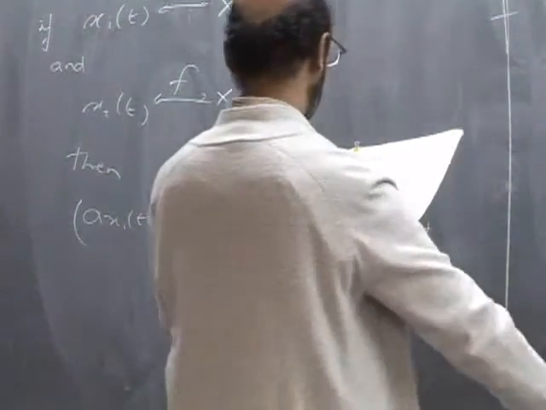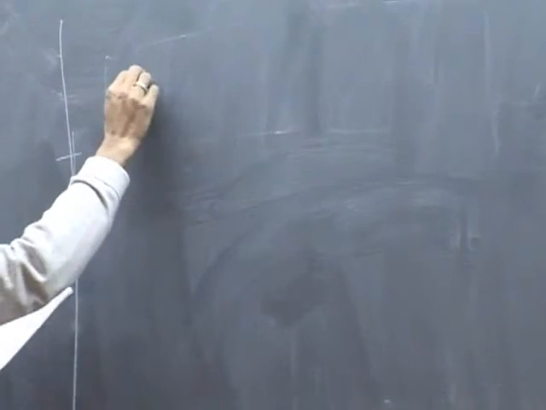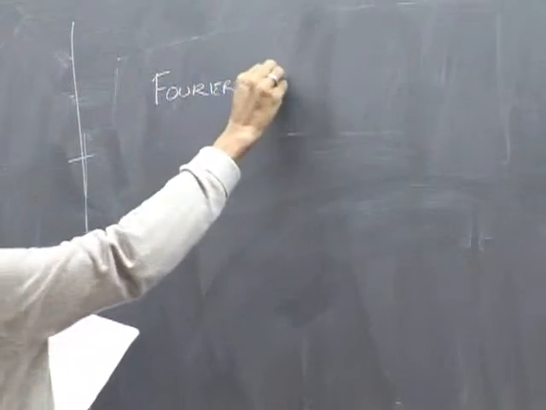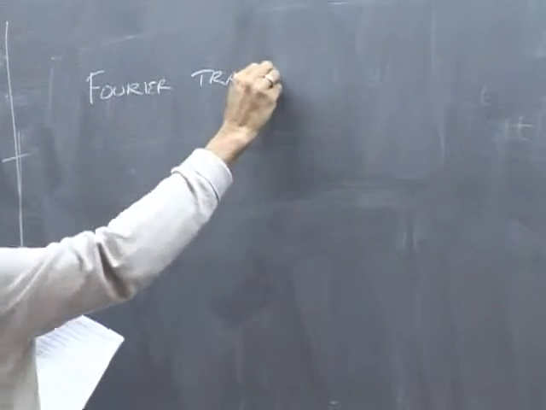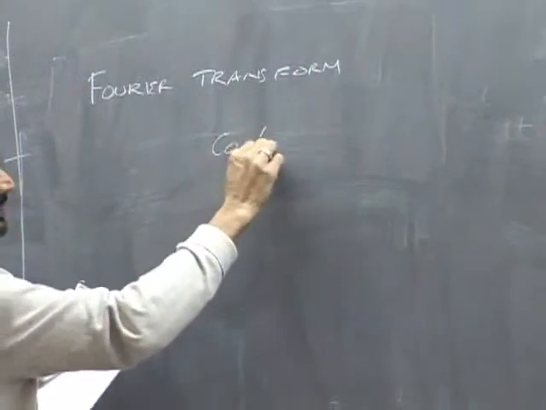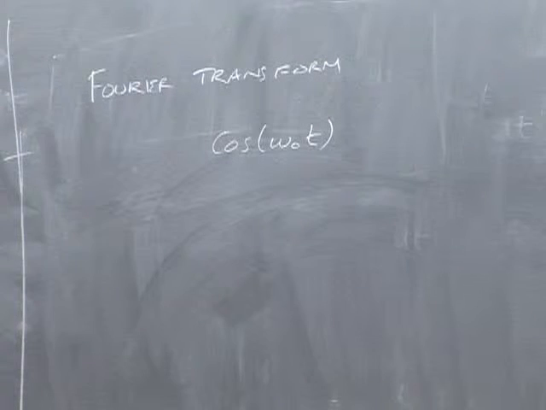And we can use this for some interesting stuff. So let's compute the Fourier transform for cos omega naught t. So what's cos omega naught t? Well, cos omega naught t is a sinusoid, and its frequency is omega naught.